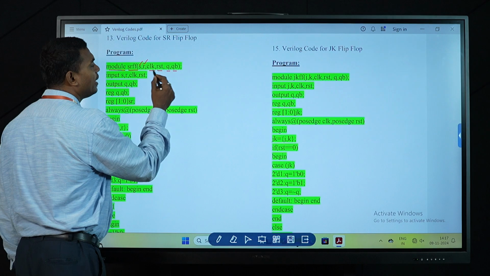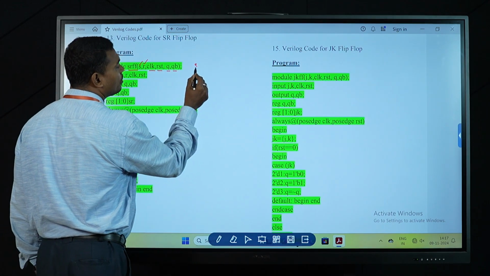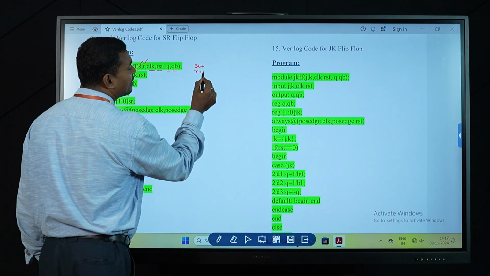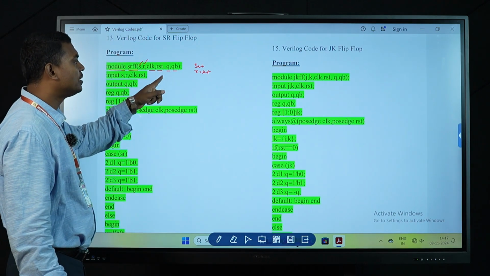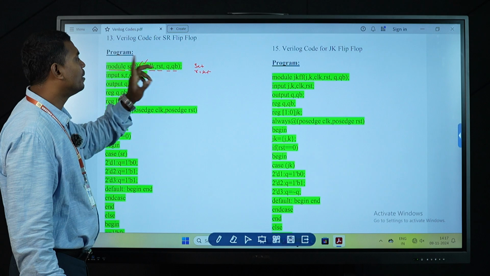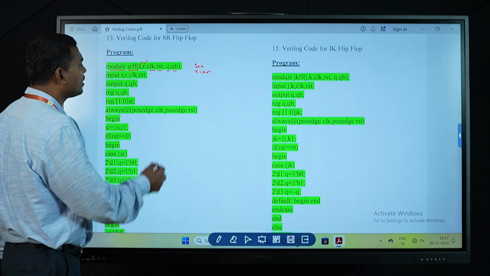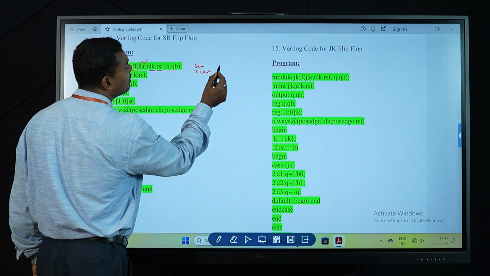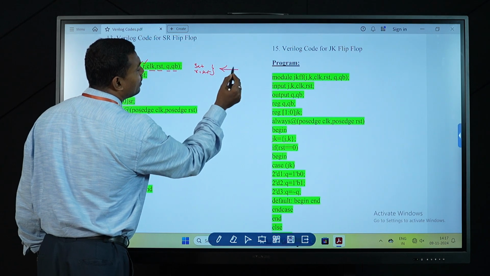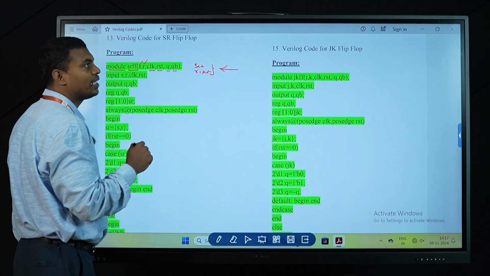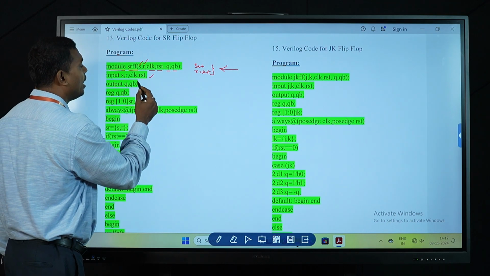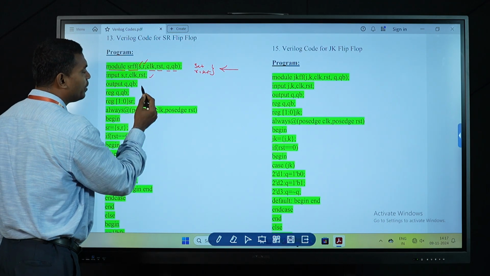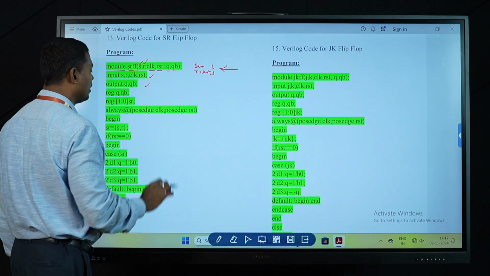S stands for set and R stands for reset, as we studied in the previous sessions. The reset is needed to completely restart the functionality of the SR flip-flop. Next, the input declaration: S, R, clock, reset. My output declaration is Q and Q bar.